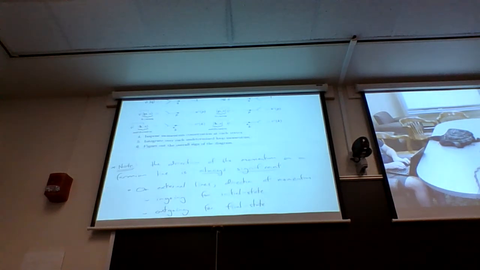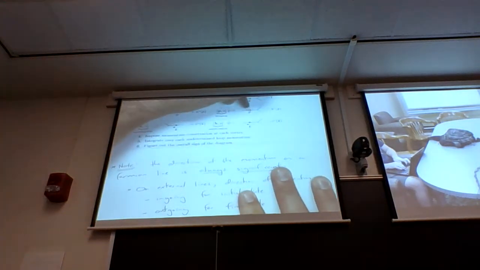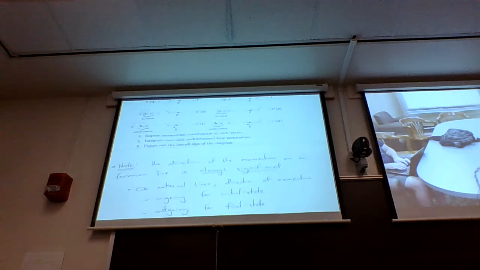Okay, so the arrows on the lines, they depict what's called the particle number flow. Okay, so these arrows that are on the lines themselves, they depict particle number flow. And particle number flow can mean several things, but for QED, for electrons, it means the flow of charge.